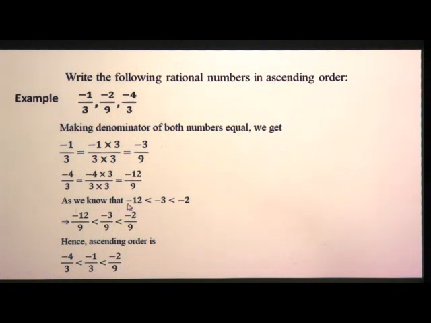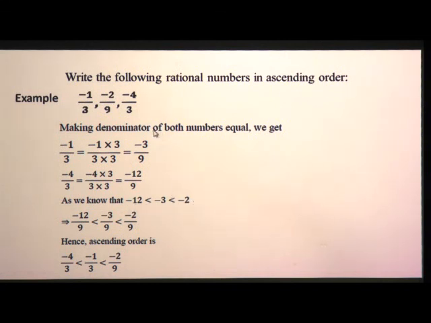As we know that minus 12 is smaller than minus 3 and minus 3 is smaller than minus 2, because you have learned integers. So, you are very familiar that among numbers with a negative sign, the one with the larger magnitude is smaller.